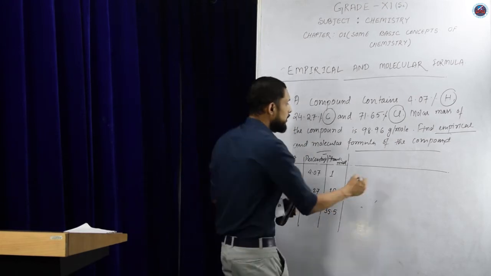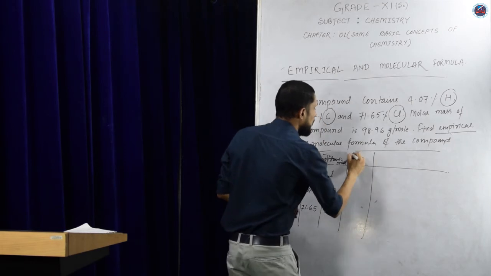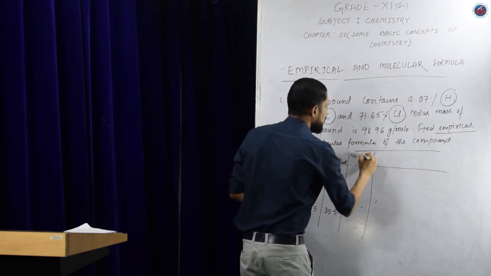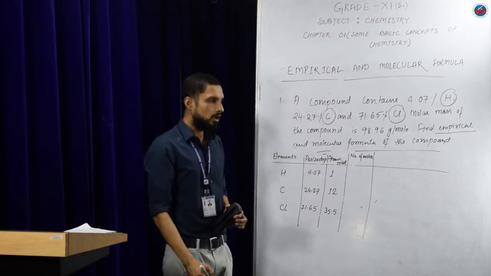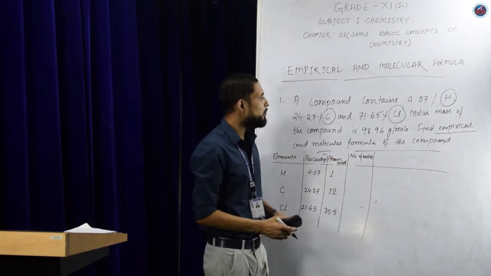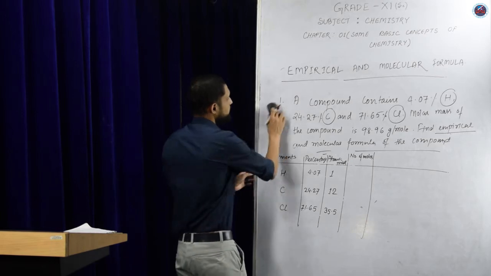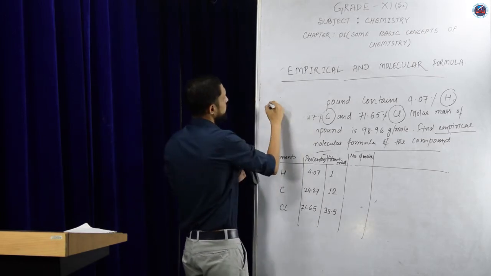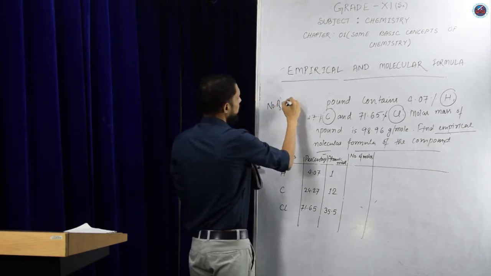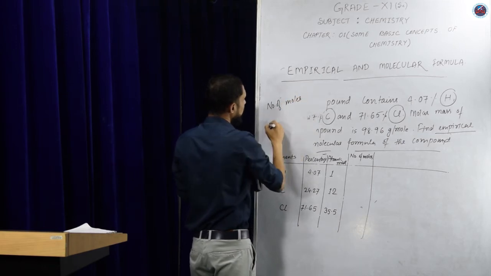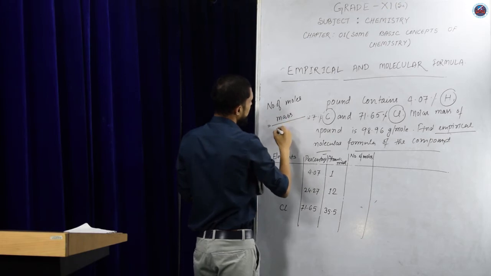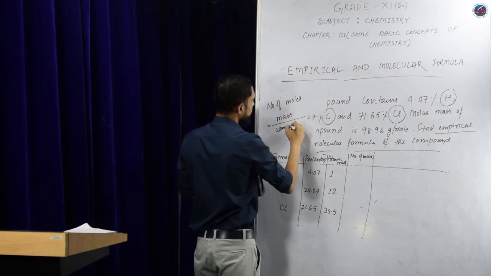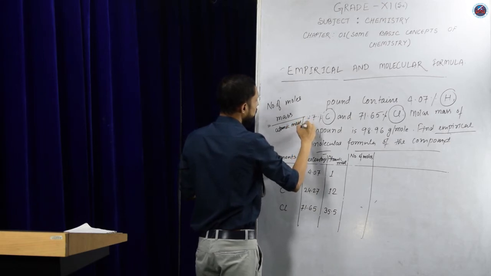Next is number of moles. Now, the formula to calculate the number of moles is number of moles is equal to mass by atomic mass or molecular mass.